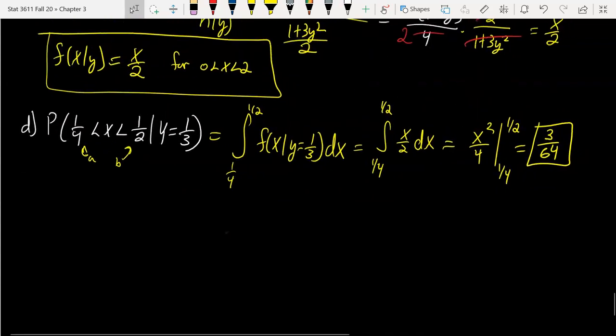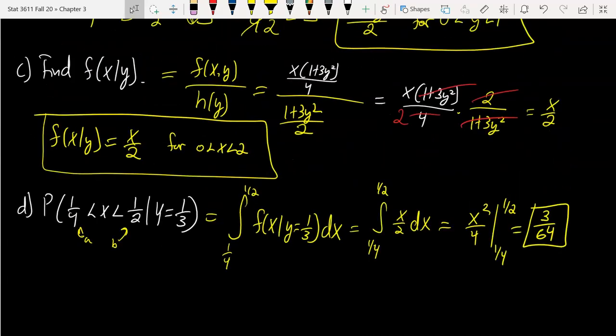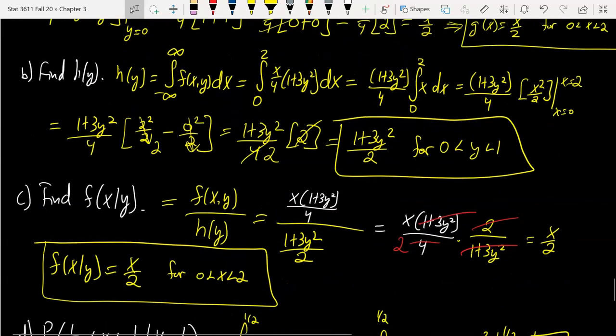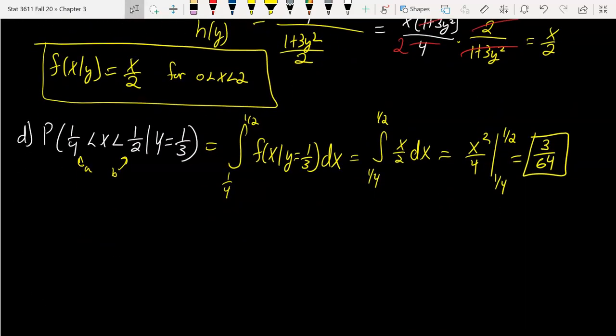You might be thinking, well, this is kind of interesting, because x over 2, this is the conditional distribution. The conditional distribution does not depend on y at all. Well, conditional distributions are used to compute conditional probabilities. So you're telling me that the conditional probability of x doesn't depend on y at all.